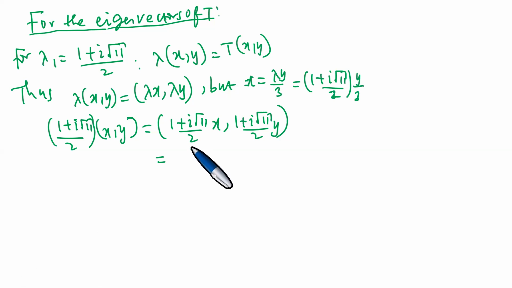Right, wherever there is x, we have lambda x. So in other words, this is lambda x, that is that. And alternatively, you can see that this one here is lambda y. Lambda y, according to this, is 3x.